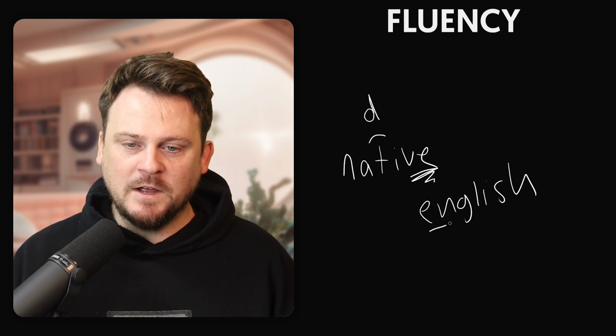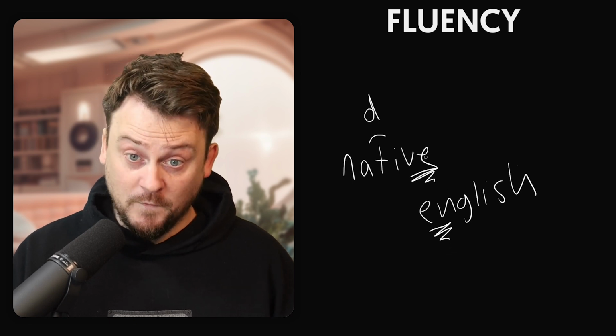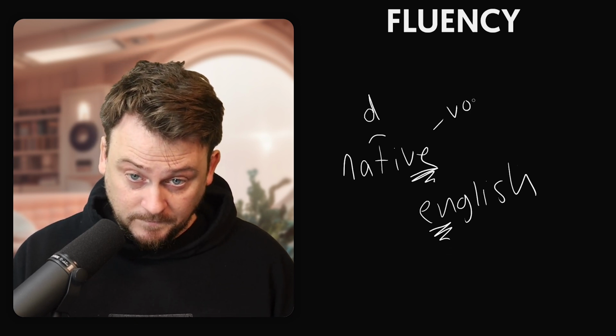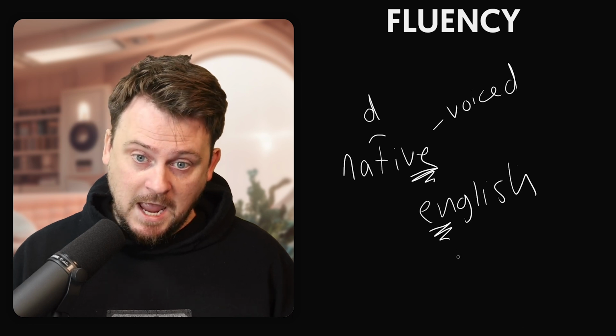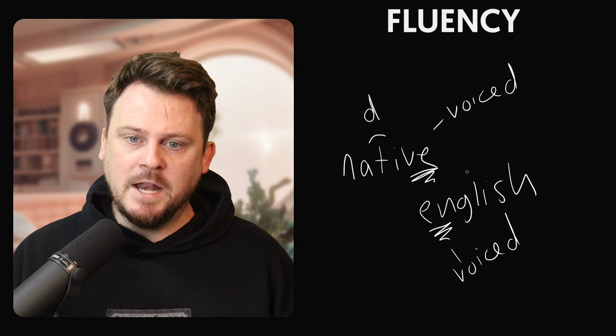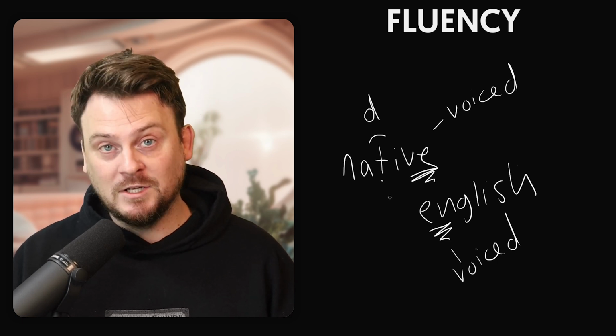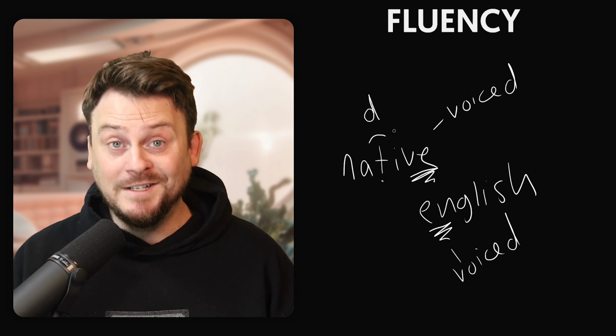And we look at the first sound in this word and it's E, right? Which is voiced. So voiced and voiced. And is there anything unvoiced going on here? Well, if we pronounce this as T, then it's unvoiced, but we're going to pronounce it as D.